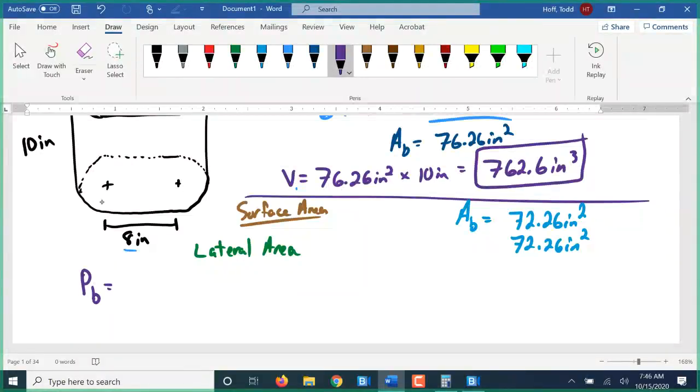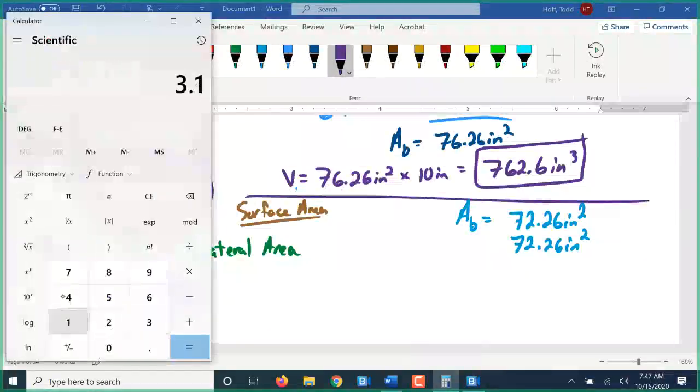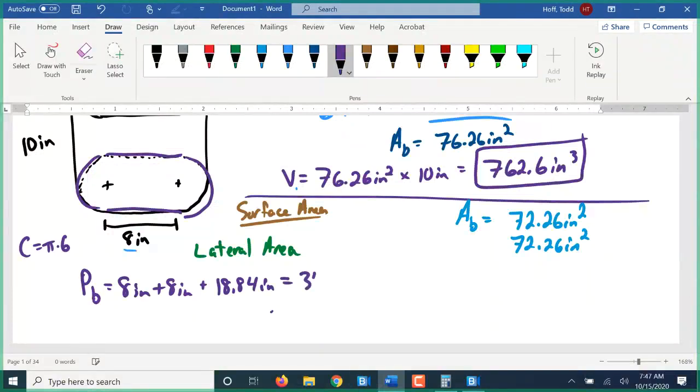So the perimeter of our base here, we have 8 inches. We have another 8 inches up here. And then we have the circumference of that circle. That circumference is just going to be pi times the diameter of 6, 18.84 inches. So we add that up to 34.84 inches is the perimeter of our base.